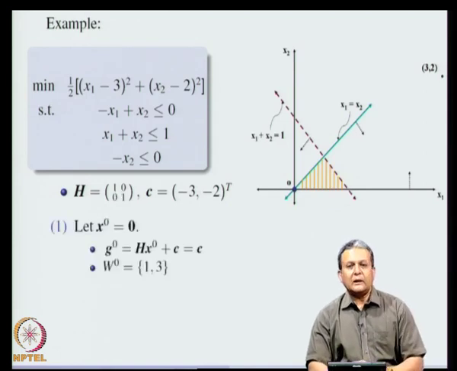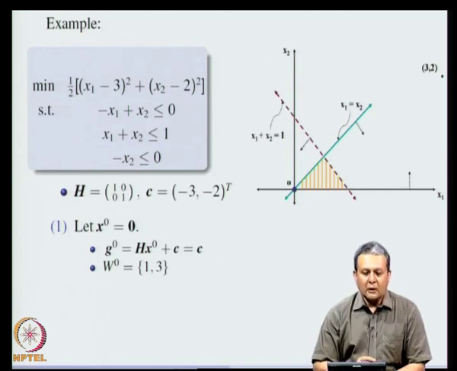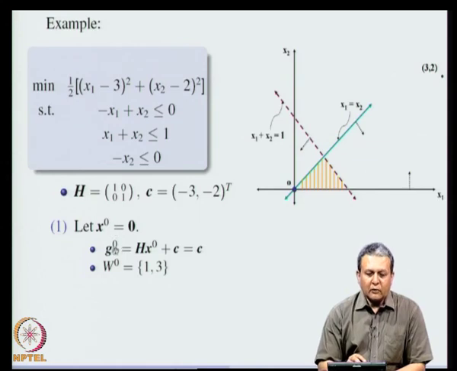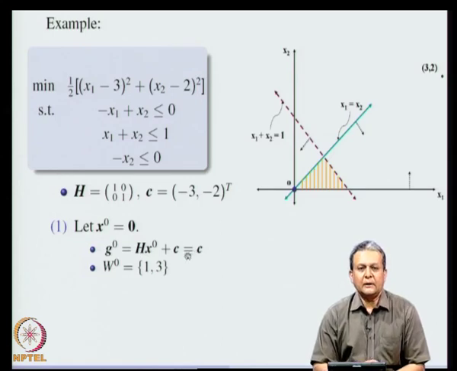Now, let us start with an initial point which is the origin, that is a feasible point. As I said, at every iteration the point which is obtained has to be feasible with respect to all the constraints. Now, at this point we find out what is the gradient, and since x0 is 0, the gradient is nothing but C.